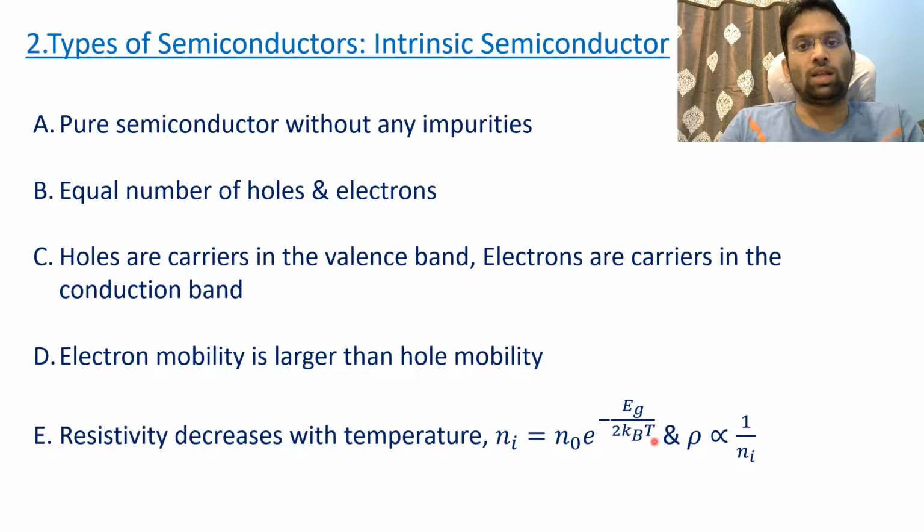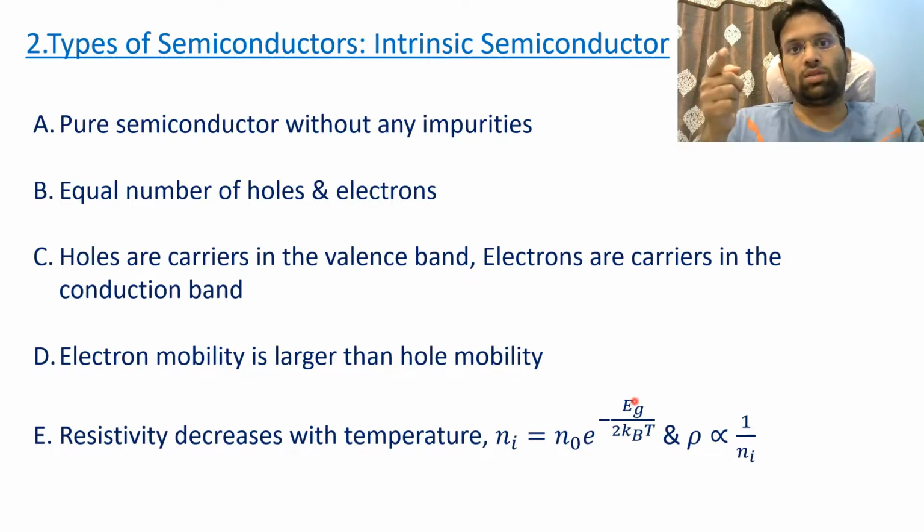So as the temperature increases, this whole quantity Eg divided by 2 kBT, that ratio decreases. But it is a negative exponent that is decreasing. Say, e to the power of minus 0.1 and e to the power of minus 0.2. If you compare, e to the power of minus 0.1 is larger.